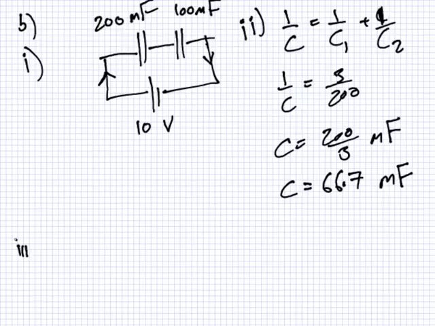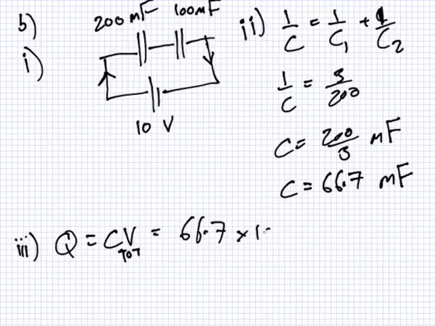Right, so the total charge, Q, equals C total V, which would be 66.7 times 10 to the minus 3 times 10, and that comes out as 0.667 coulombs is what I got.